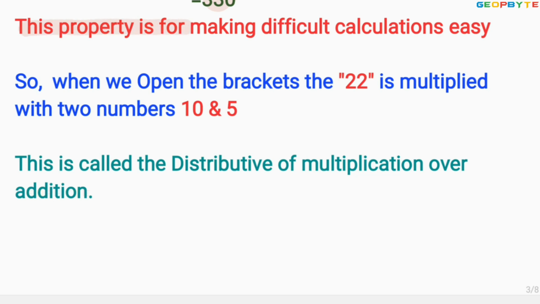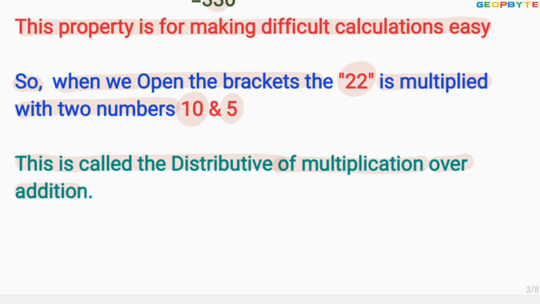This distributive property is for making difficult calculations easy. When we open the brackets, 22 is multiplied with two numbers, namely 10 and 5. This is called the distributive property of multiplication over addition. Dear students, I hope all of you clearly understood it.